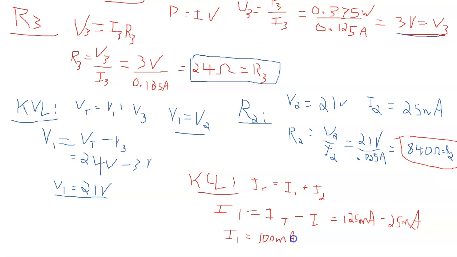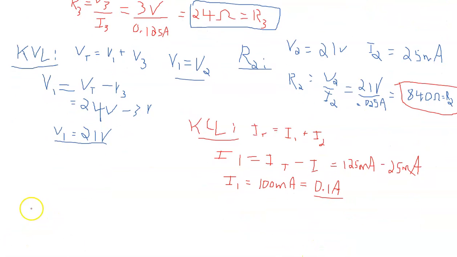And of course, we can write that as a decimal, 0.1 amps, because that's what we want to use in our calculation. And so next then, for R1, by Ohm's law, R1 is equal to V1 divided by I1.